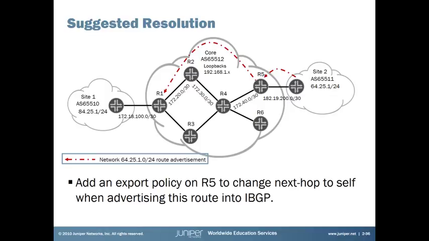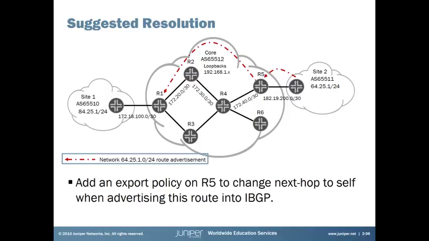As you may recall, with eBGP peers, the peers are set up between the physical interfaces across the eBGP link. So one side of that peer is going to be 182.19.200.1, that's the R5 side. The other side of the peer will be 182.19.200.2, which is on the site 2 side.